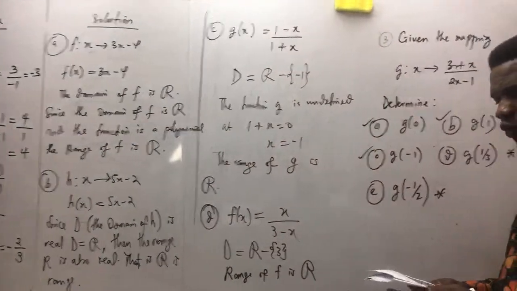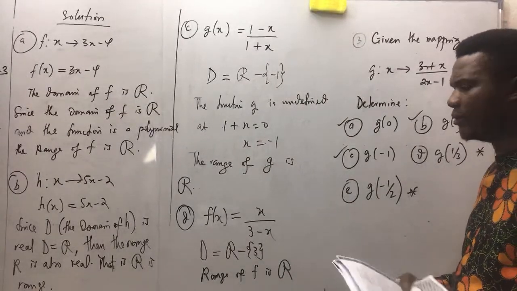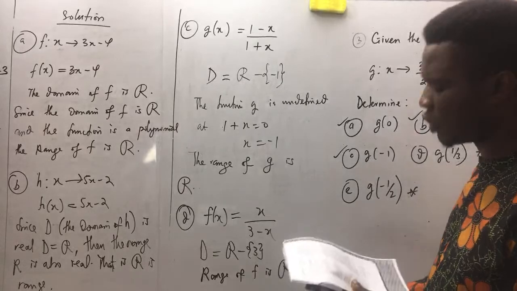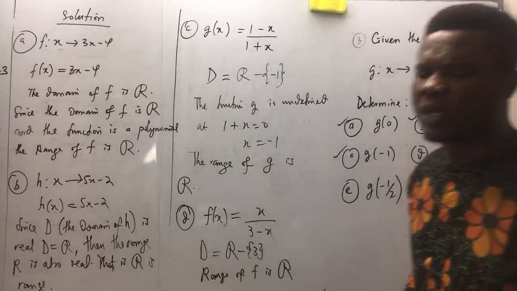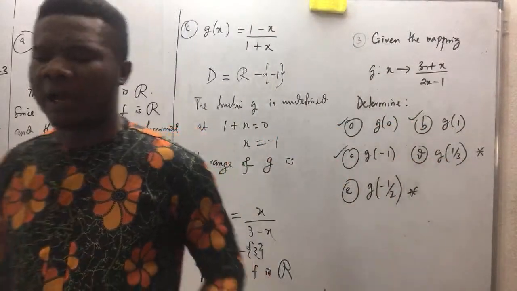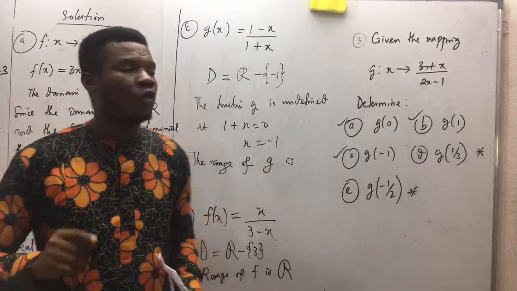Okay, let's go to question 4. But let me ask a question. Please tell me in the comment section, all of you watching the video live, look at the functions.